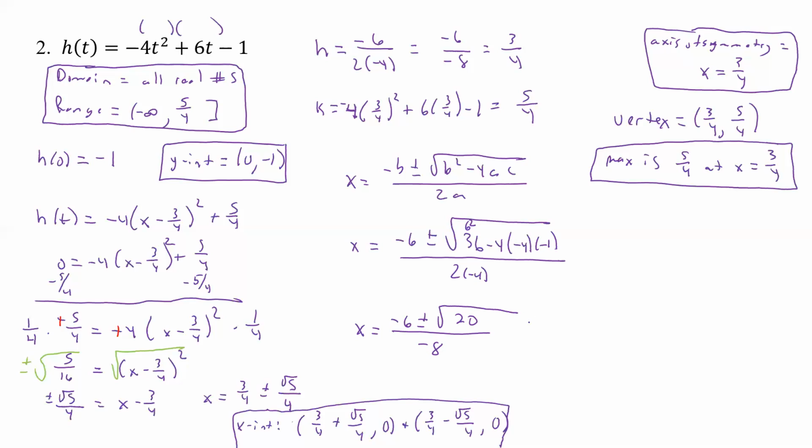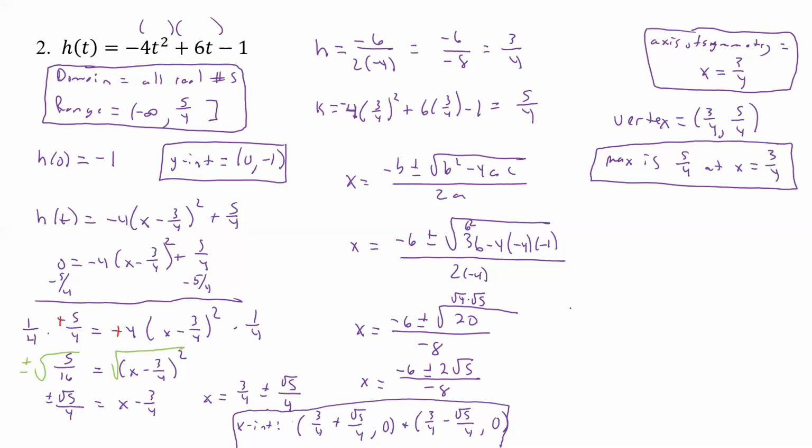Sure we can. I'm going to simplify the radical, so that gives me -6 plus or minus the square root of 4 times the square root of 5. 20 can be broken down into 4 times 5, and I can take the square root of 4, which is 2 square root of 5, all over -8.